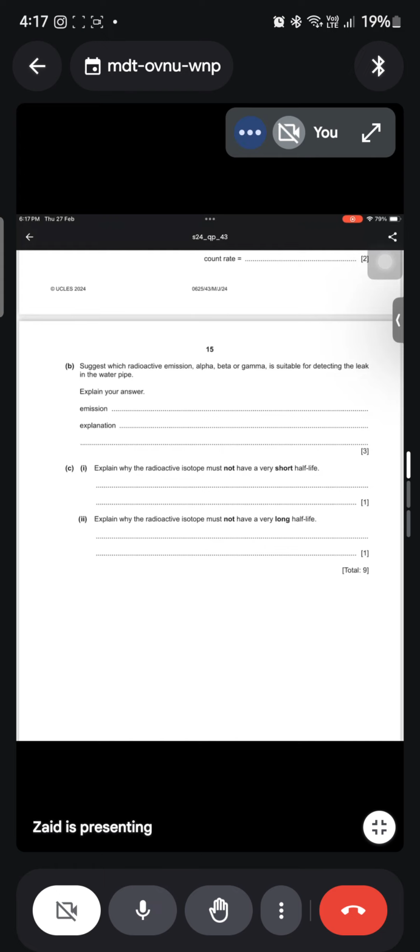But the mark scheme is also inclining towards gamma. The mark scheme has played a dual policy, saying it could be beta or gamma both. Gamma is only the addition that will reach the detector through soil. Less gamma reaches the detector through a solid pipe. Okay, but this is not the best one.